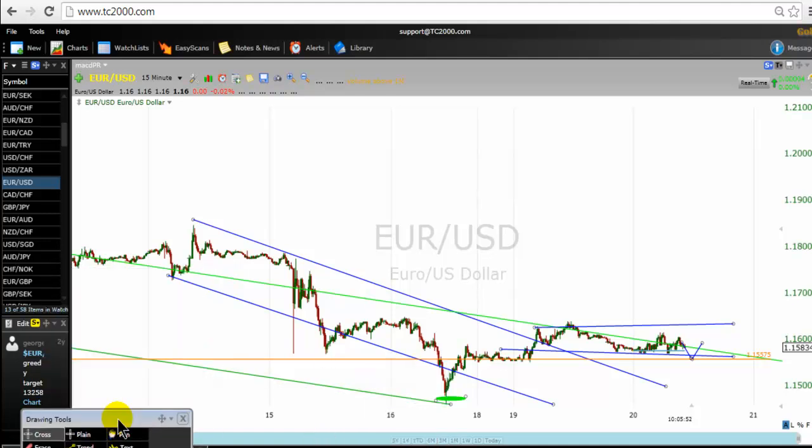Now, the TS MACD Pro has given me a technical warning that the Euro USD is likely to go up. But we also know that the general market sentiment is bearish. So this trade setup is a little bit risky. I know it. But I made a conscious decision to trade it.